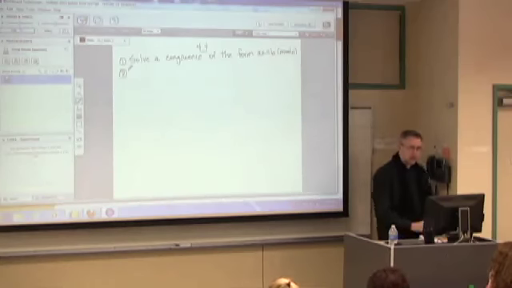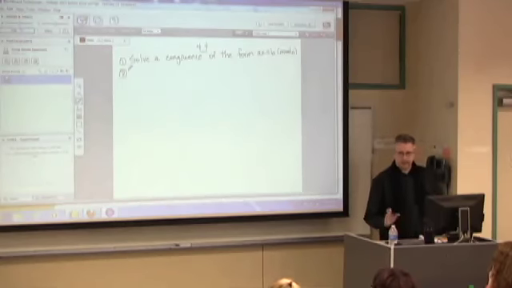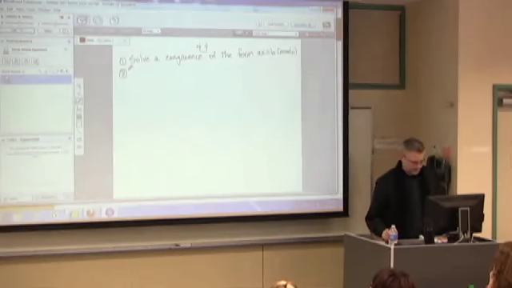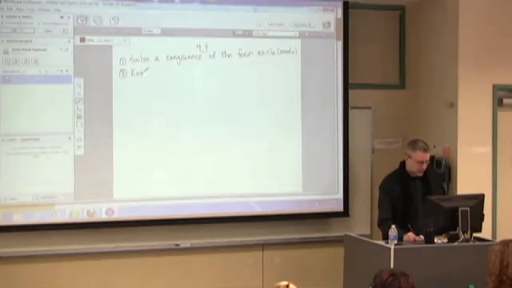That's a hint that if you get there, you might want to think about your strategy and go back over and try something else. So this is something that you should know how to do. You should know the statement of the Chinese remainder theorem.